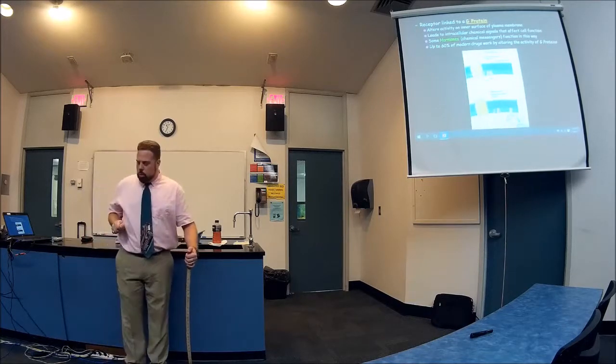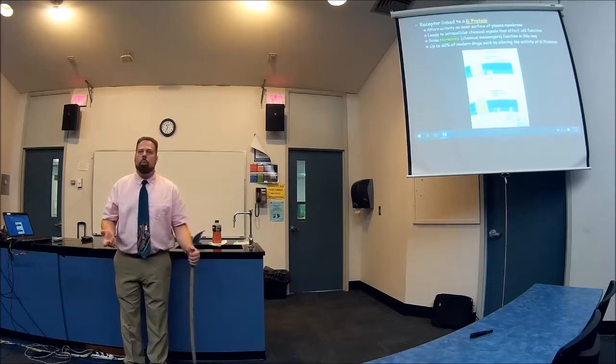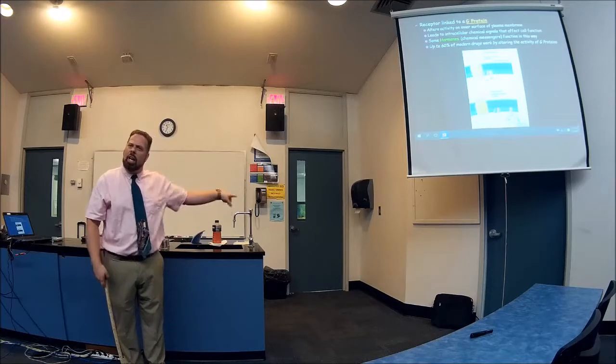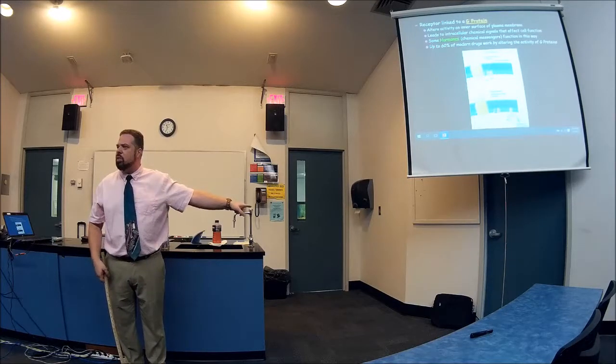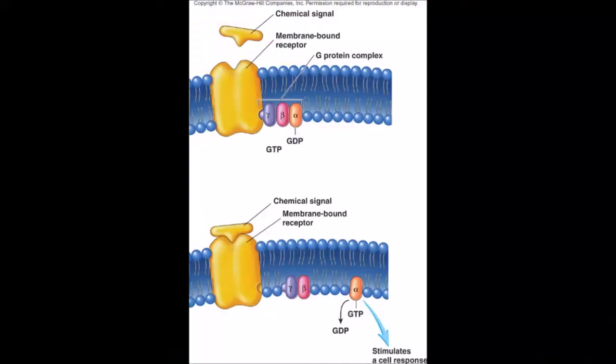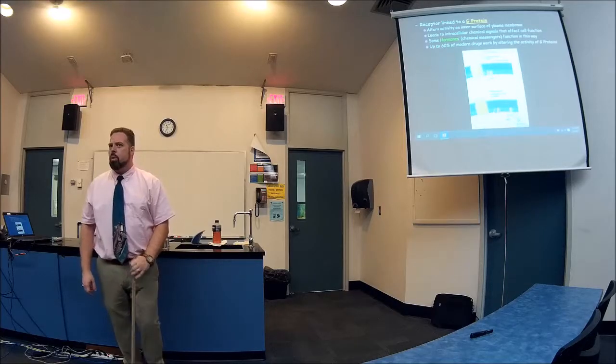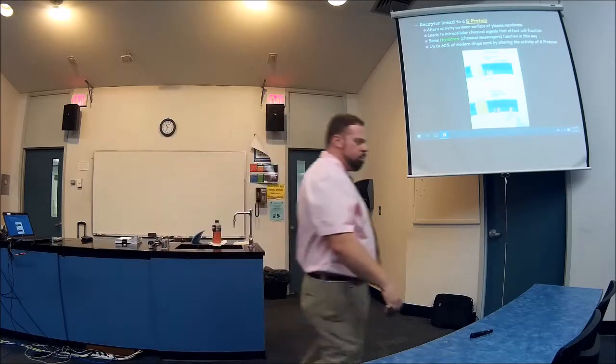I mean, all you do is put a key in there, turn it, and the door opens. But there's something going on inside the keyhole. Does that make sense? All right? So we can say there's a G protein.